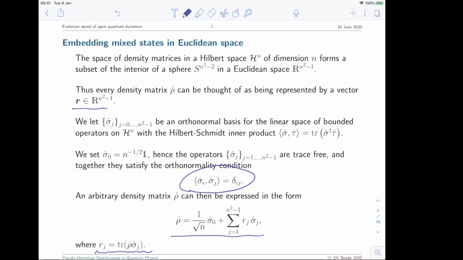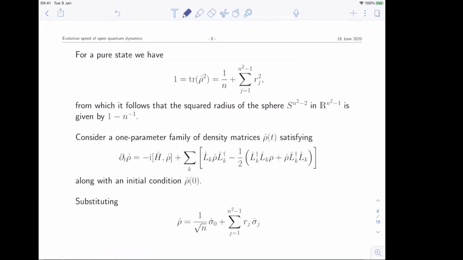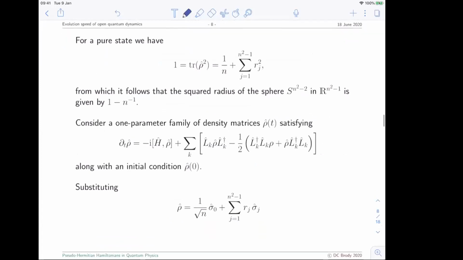Okay, so the next task would be to translate the Lindblad equation for the dynamics of the density matrix into the dynamical equation satisfied by R. But before doing that, one other comment, sorry.